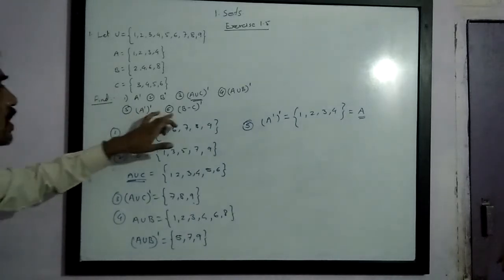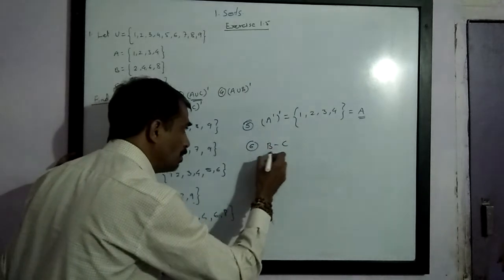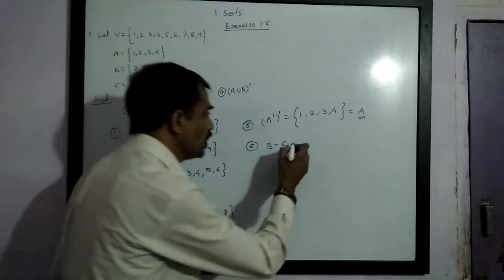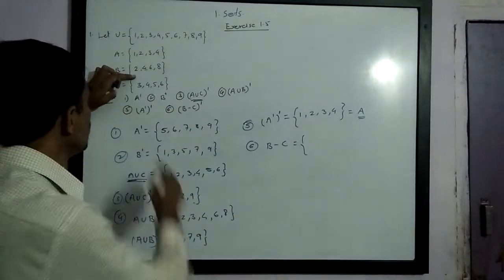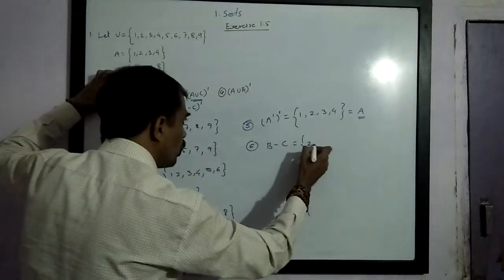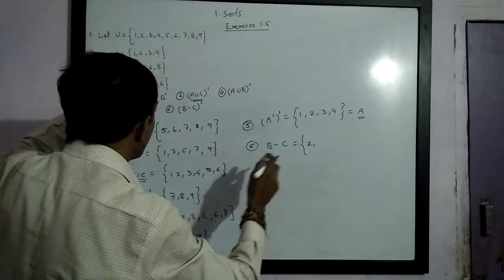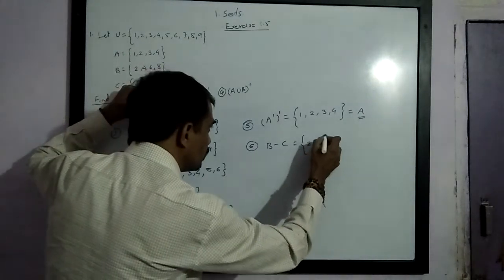Then next is the sixth question. First we will find B minus C. B minus C means the set of those elements which are there in B but not in C. So this is equal to the set of, B is this set. Now 2, 4 is there. This 4 will get subtracted. So 4 will not be there. Then 6 will also get subtracted. We will have 2 and 8.